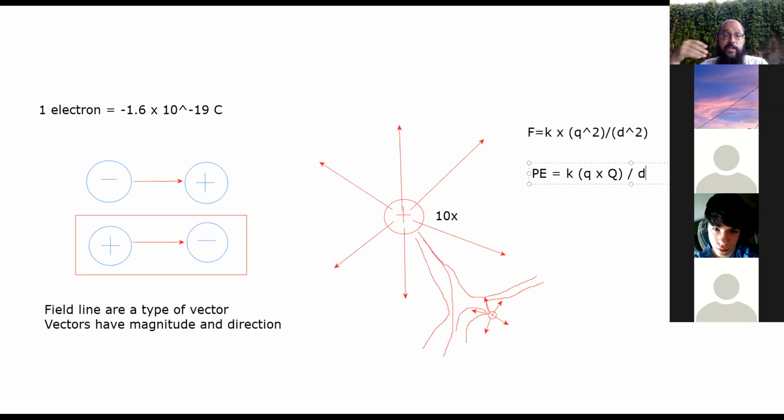What's the definition of a joule? If you have energy, a joule has a bunch of units attached to it as well. What does a joule represent? A unit of work or energy.